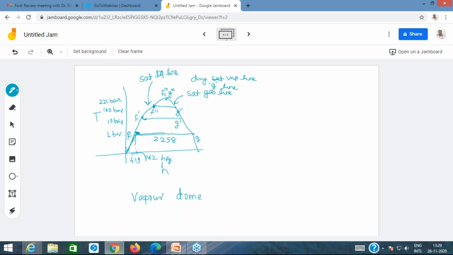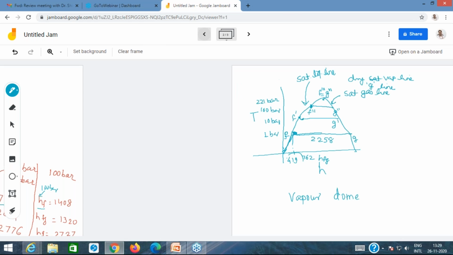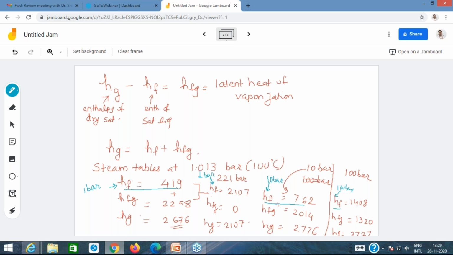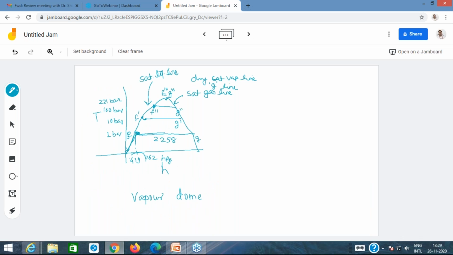If you choose a 10 bar boiler, then for a saturated liquid the water would have an enthalpy of 762, and for phase transformation it will require another 2000.